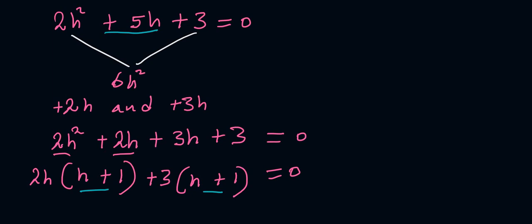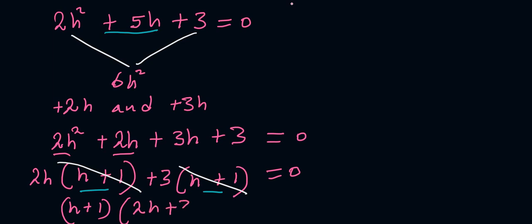So we can now write it as h plus 1 in parentheses. And if we cancel them from here, what are we left with? We are left with 2h plus 3, and this will be equal 0.